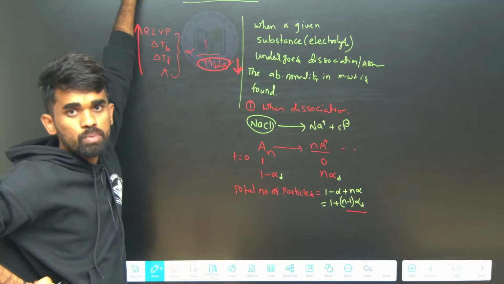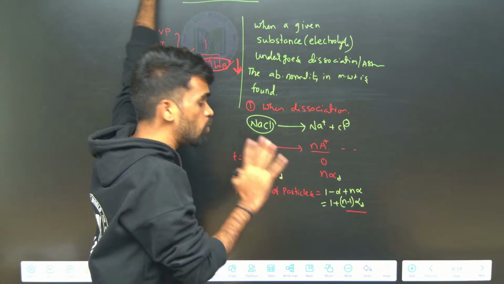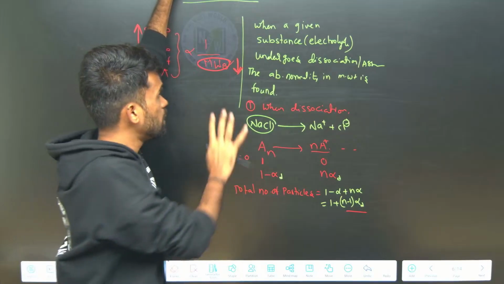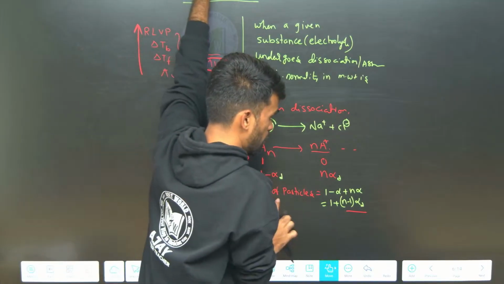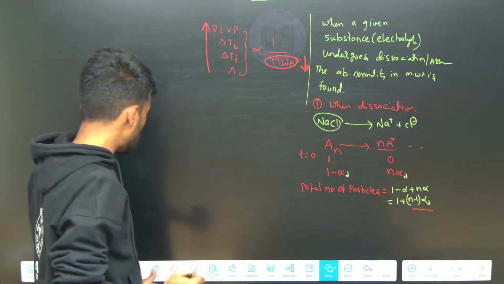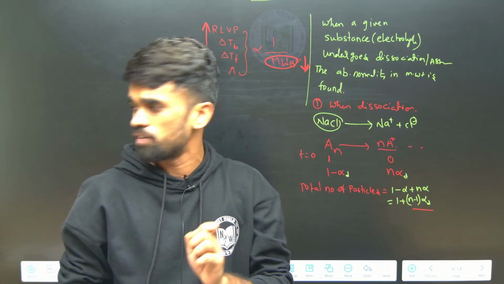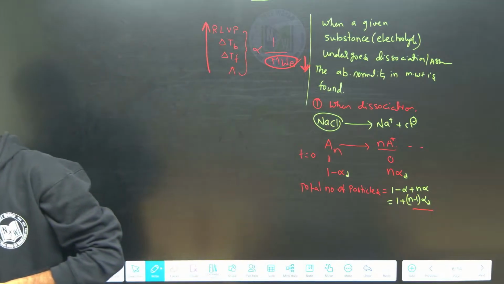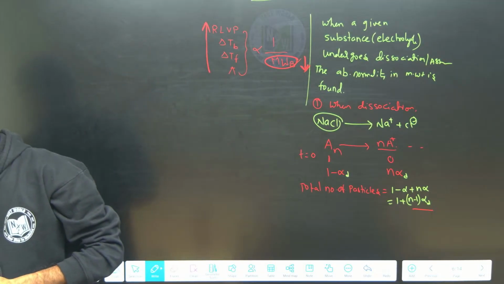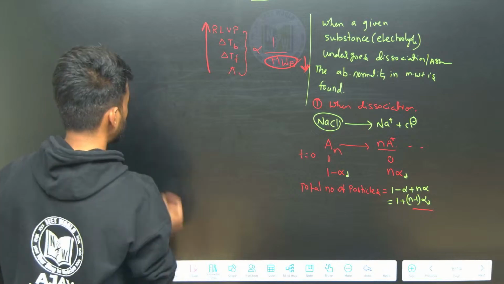So in order to avoid this confusion, this abnormality, Van Hoff introduced a factor called the Van Hoff factor, indicated with the symbol i. How do we use it?